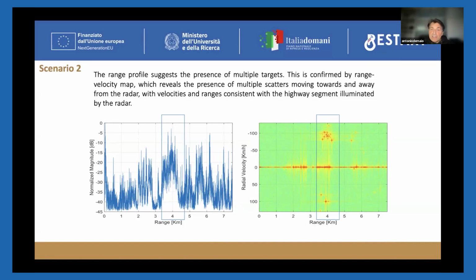Their velocities are around 100 kilometers per hour and minus 100 kilometers per hour. And these are consistent with the highway segment, which is illuminated by the radar system.